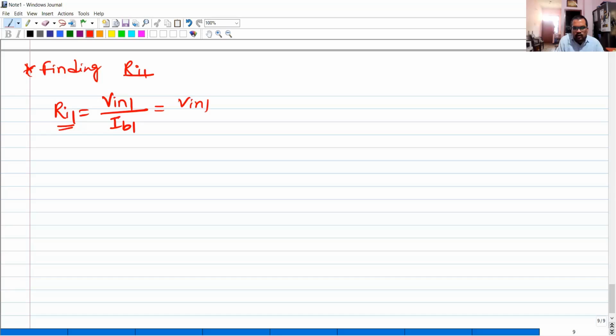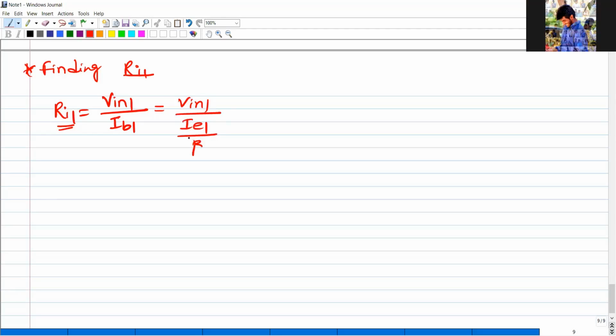Now here Vin1, what is IB1? IB1 we replace with IE1 by beta. Yes or no? Tell me what is the IE1 equation, we have already calculated it. IE1 is equal to what?